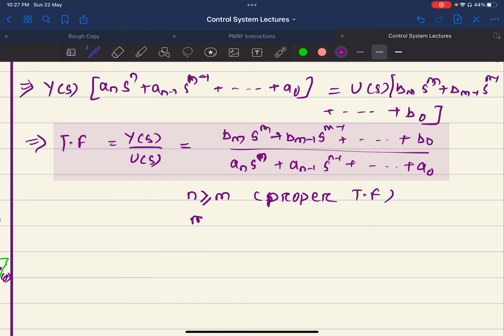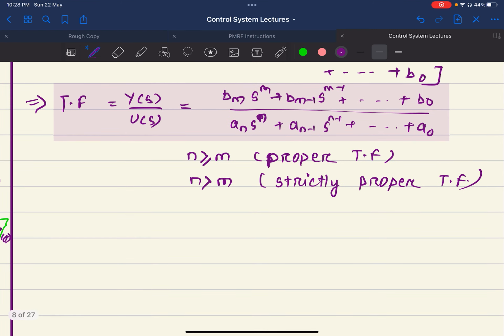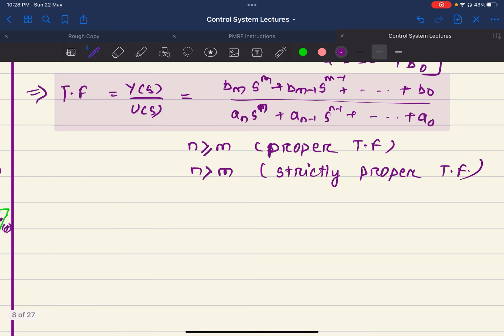And if n is strictly greater than m, then it's called a strictly proper transfer function. Why we need strictly proper, or why in general, that concept can be explained in another lecture.